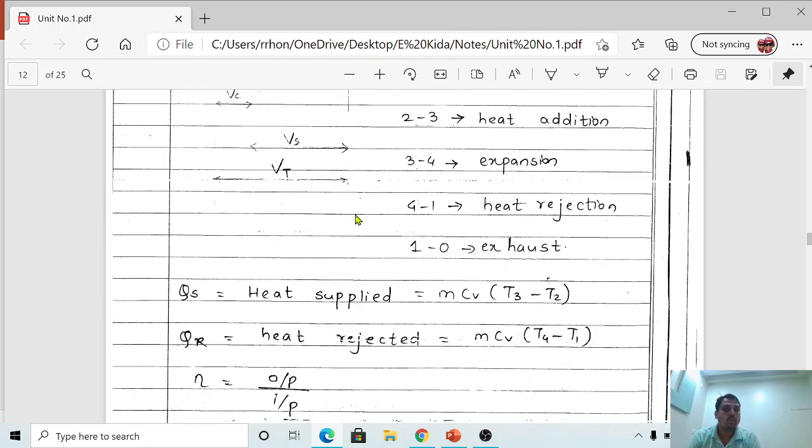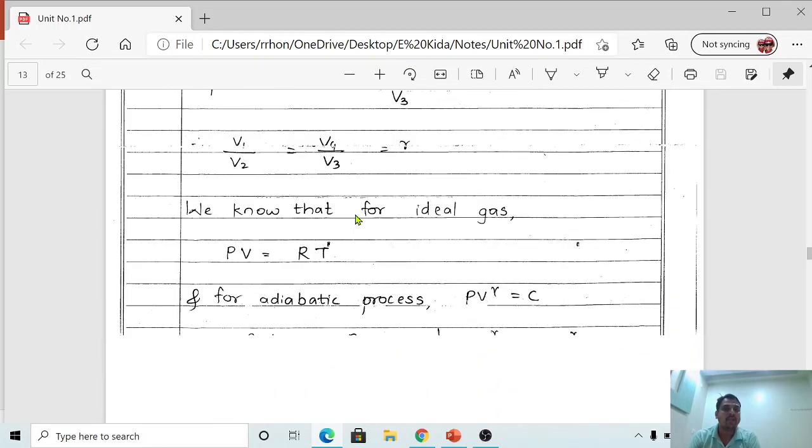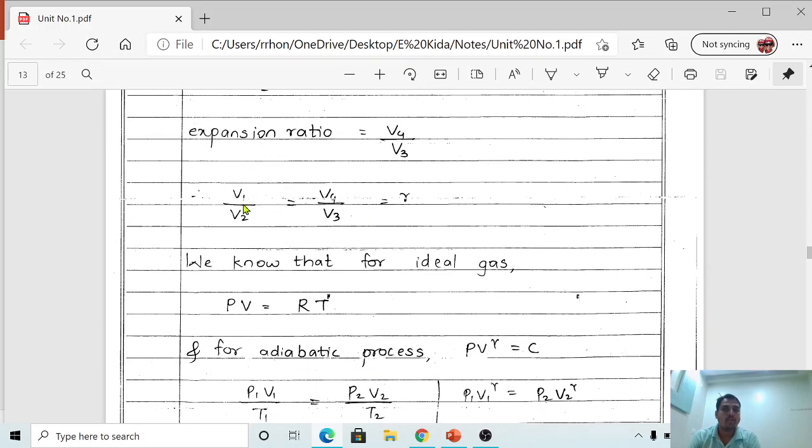Please concentrate on my statement. So we can equate these two equations. Compression ratio is equal to expansion ratio, so both are nothing but small letter r. Here we got V1 by V2 is equal to V4 by V3 is equal to r, small r, we consider.